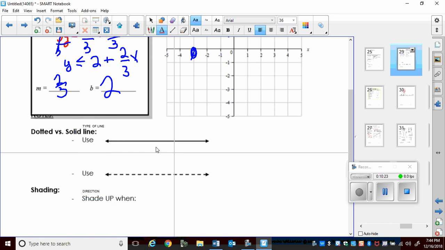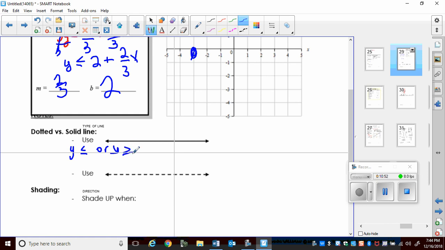Now, for the type of line, if you have y is less than or equal to, or y is greater than or equal to, you're going to have a solid line.